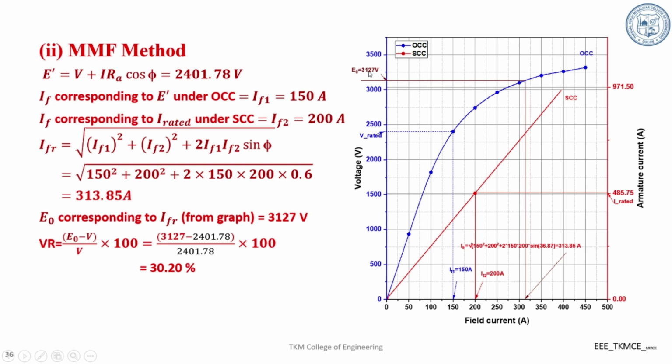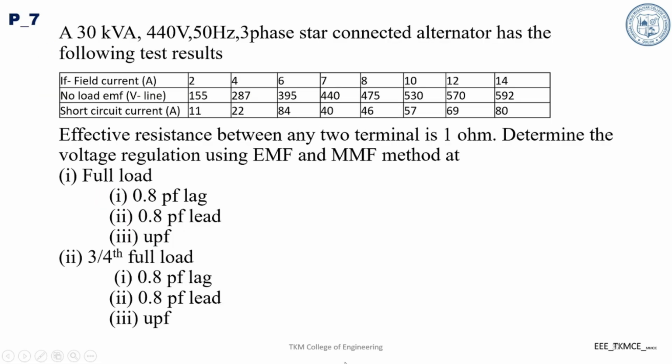Here E0 is obtained as 3127 volt. After obtaining E0, we substitute E0 and V in this expression to find out voltage regulation. Voltage regulation is obtained as 30.20%.